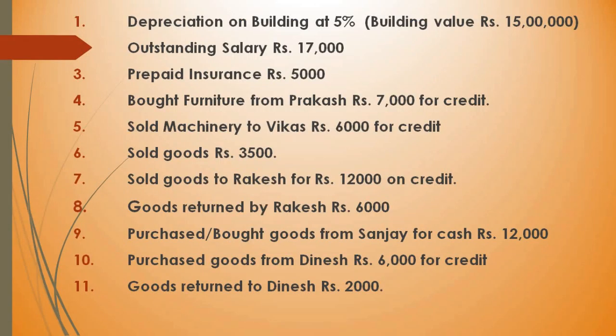So next transaction, sold goods to Rakesh for rupees 12,000 on credit. Sold goods means it's nothing but sales, and because it is on the credit basis, you're going to take the name of the person. So sales and Rakesh account, and you're going to enter this in sales voucher.